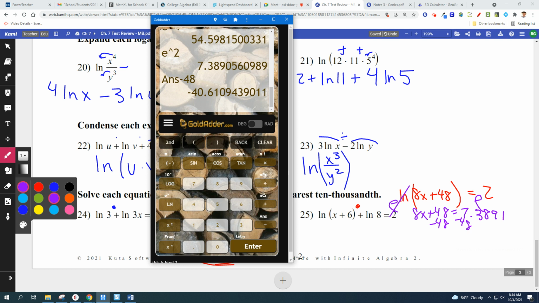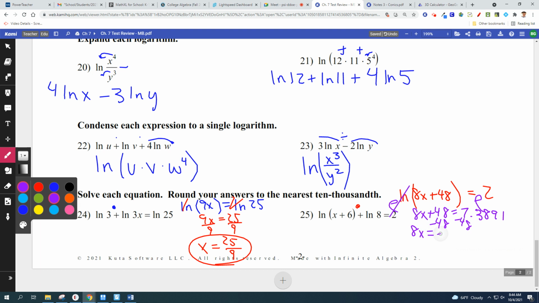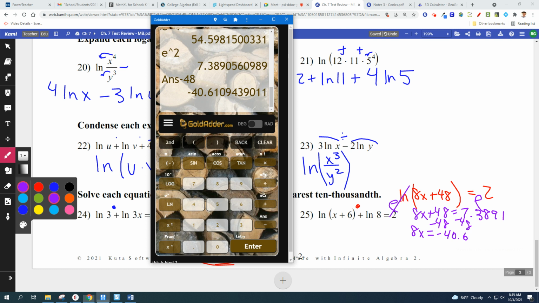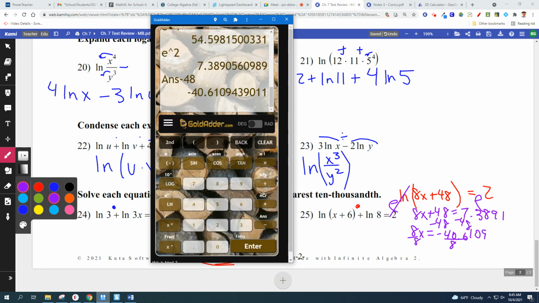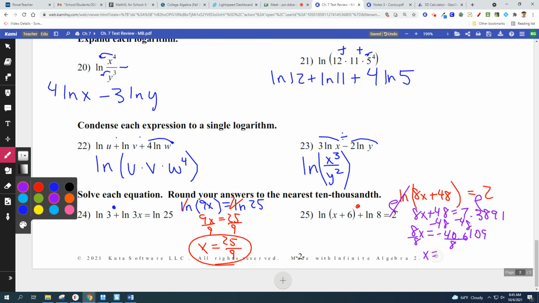That's negative 40.6109. 8x equals negative 40.6109. And then divide by 8. Negative 5.0764. Done.